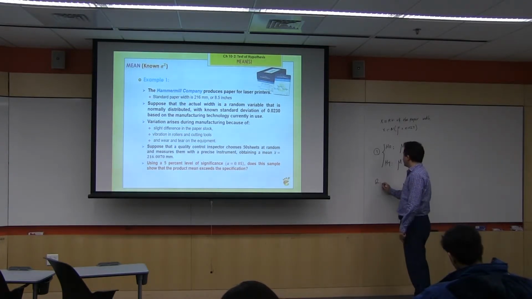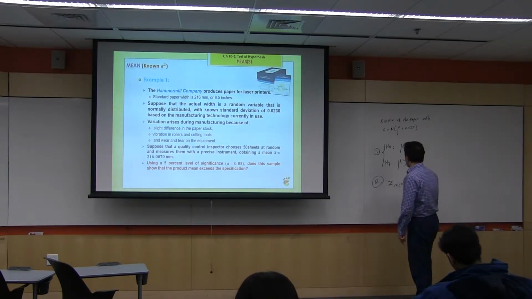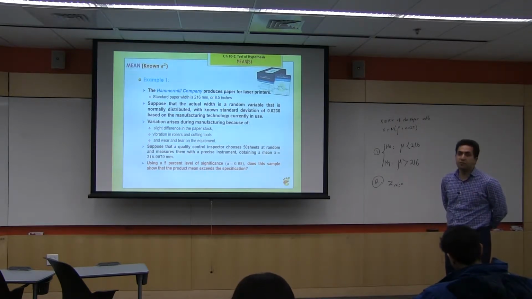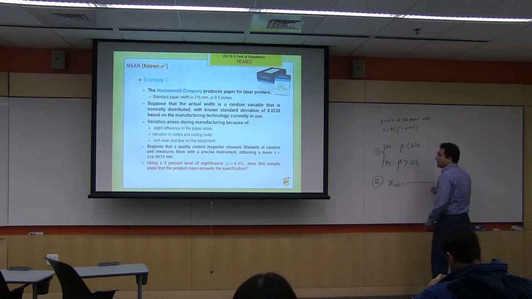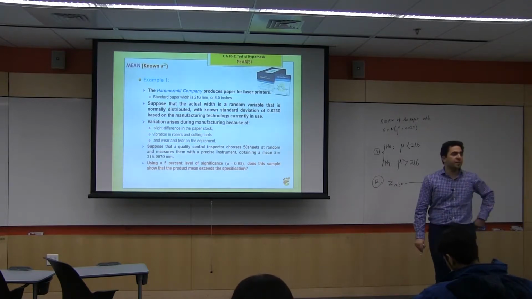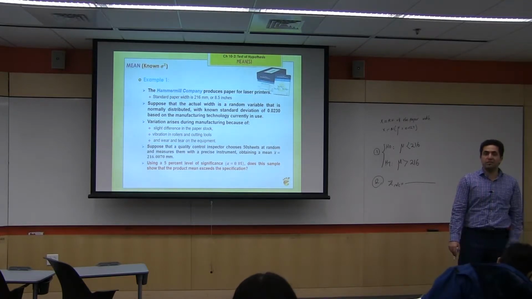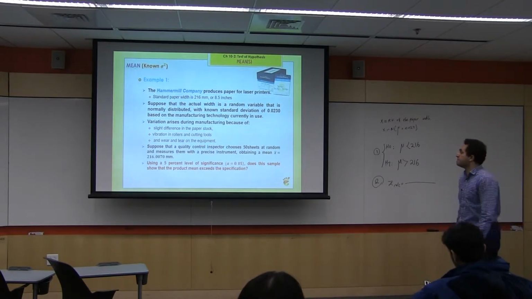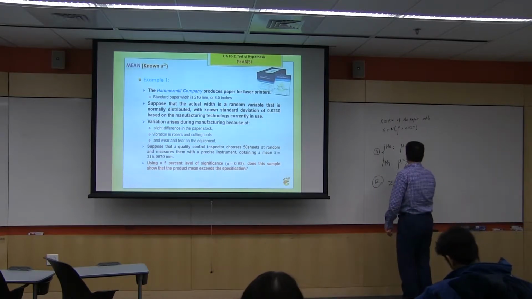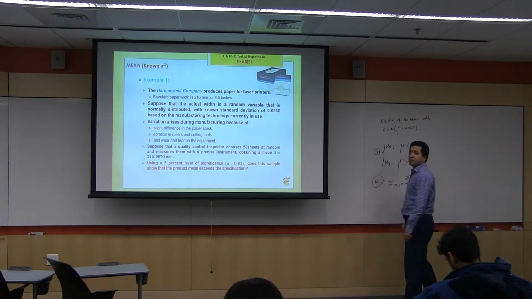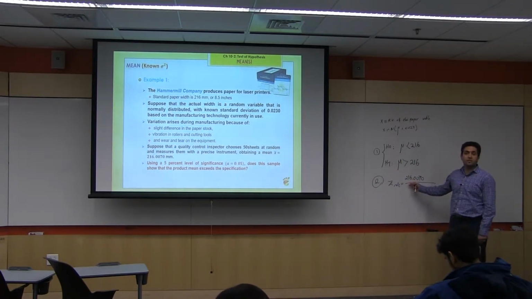The second part, getting Z calc. Z calc for this test equals Z of alpha over 2. My alpha is 5%, but I need to figure out, okay, so my Z calc is X bar. Based on the test we need to run, we have to get the Z calc. We got the sample data from the process, and we found that X bar is 216.0070. This is X bar, and this is from the sample, folks.